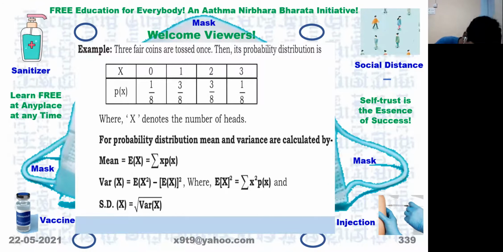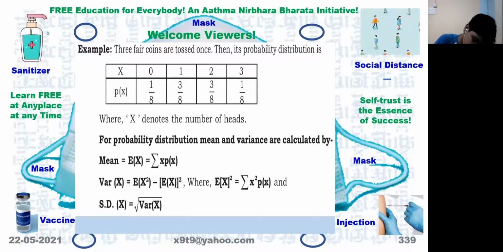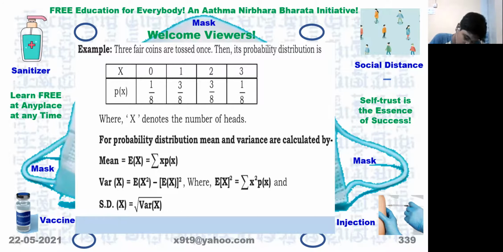Then THH, then THT, then TTH, then TTT. So how many combinations have come there? 8.